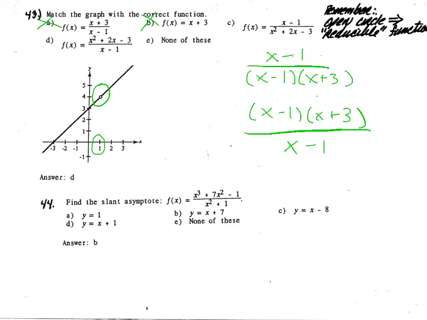So both of these would give me an x minus 1 that would cancel. However, I would want the x plus 3 on the top because that is the line that I'm left with. So it must be choice D. In choice C, we're left with 1 over x plus 3, which would give us a vertical asymptote at -3, which we don't have in this graph.